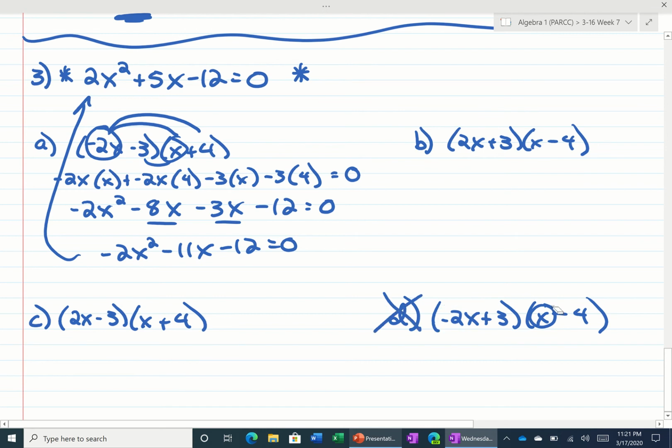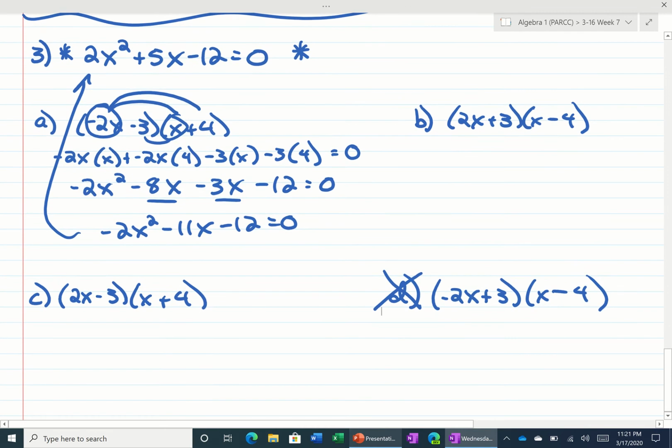But let's just go through them to see if you distributed correctly. For the second one, we're going to do 2x times x plus 2x times negative 4, 3 times x, and then 3 times negative 4.